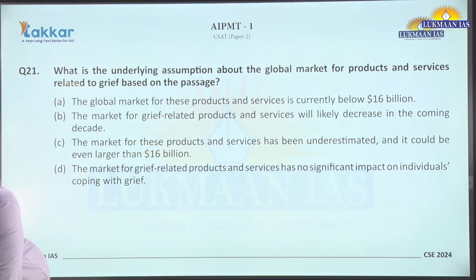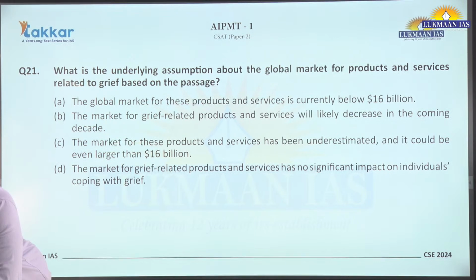Question number 22. Based on the passages, what is the assumption regarding the preference for GRE related products over professional counseling? So you see, what is the right option? GRE related products are less effective than professional counseling. The passage mentions concerns over the effectiveness of GRE related products and services and questions why they might be preferred over professional counseling.